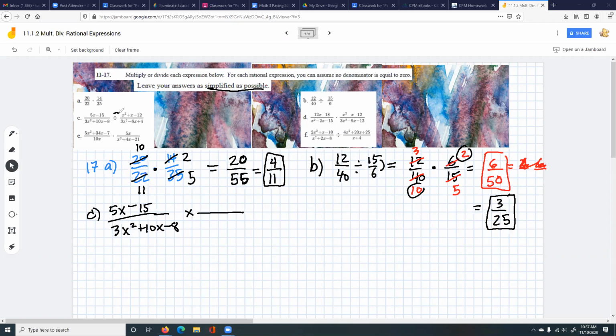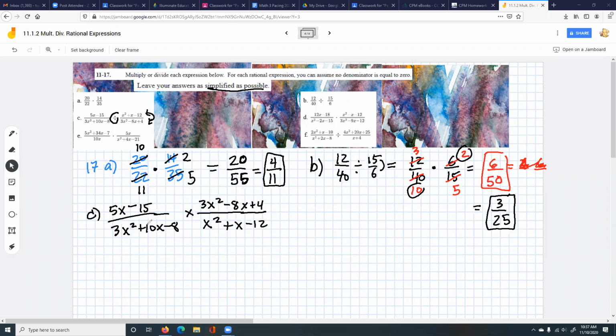I'm going to flip this around: 3x squared minus 8x plus 4 over x squared plus x minus 12. So I changed the division to times, and then I flipped this around, putting top and bottom, bottom and top. Okay, you cannot cancel any of this, right?